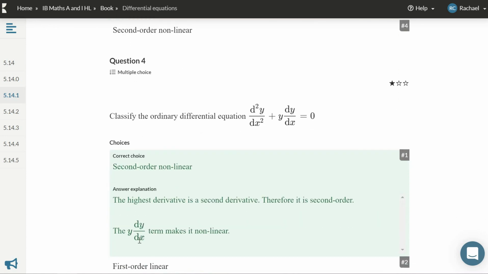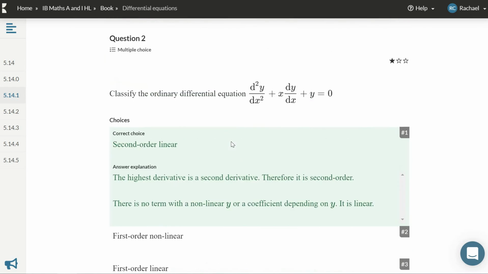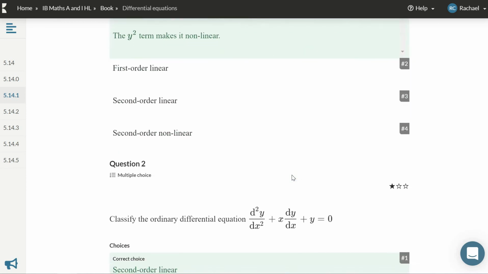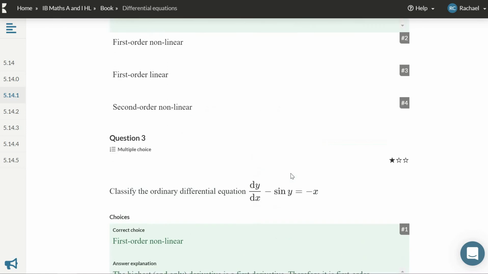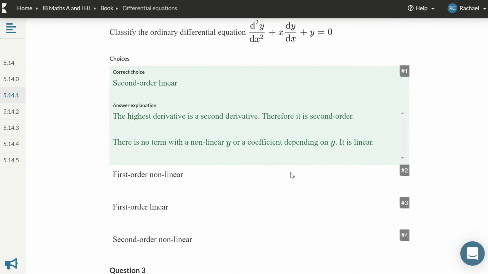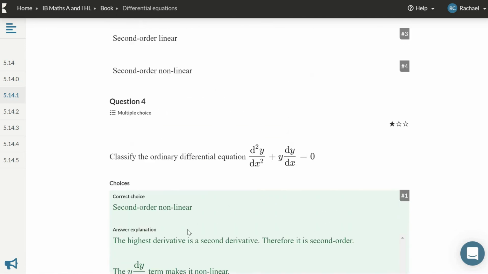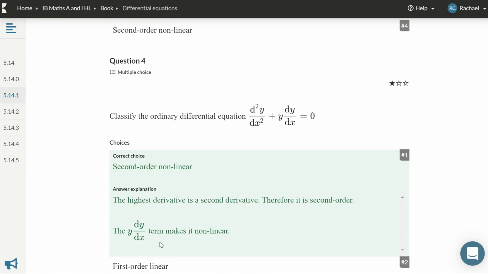This makes it nonlinear here. Let's go back to the coefficient of all terms with the dependent variable and the derivatives depend only on the independent variable x. So here the highest derivative is the second derivative. The y dy dx makes it nonlinear.